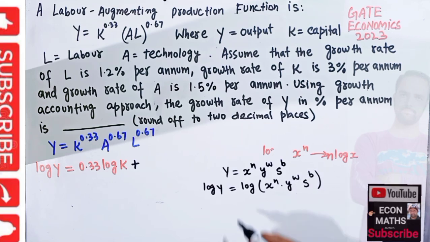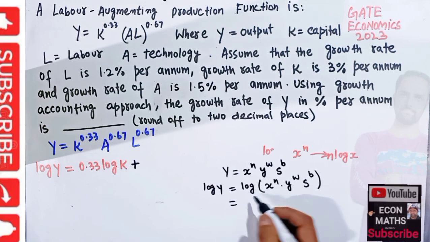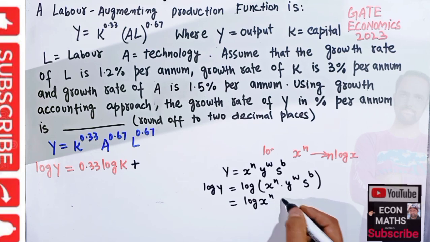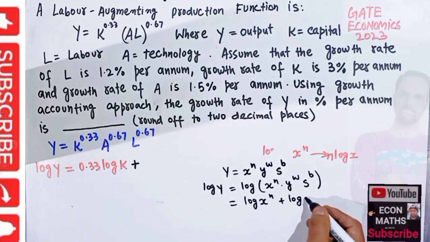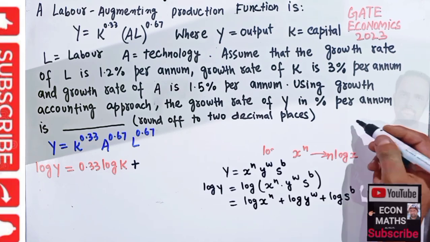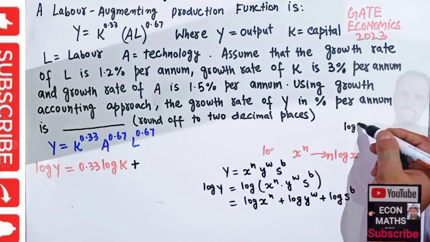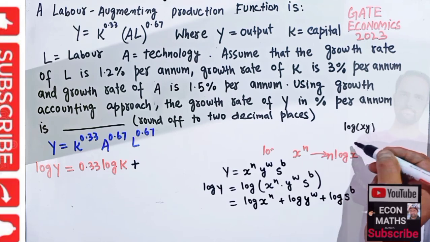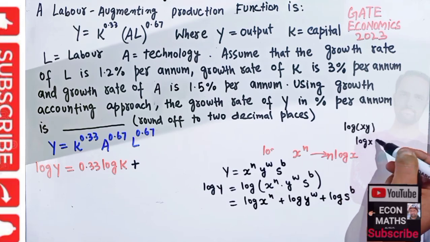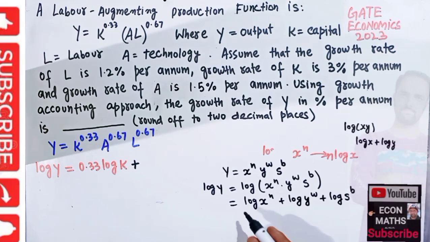Then this can be written as log of x to the power n plus log of y to the power w plus log of s to the power b. From the law of logarithm, if we have log of x times y, it is simply equal to log of x plus log of y. I'm just using that very thing here.